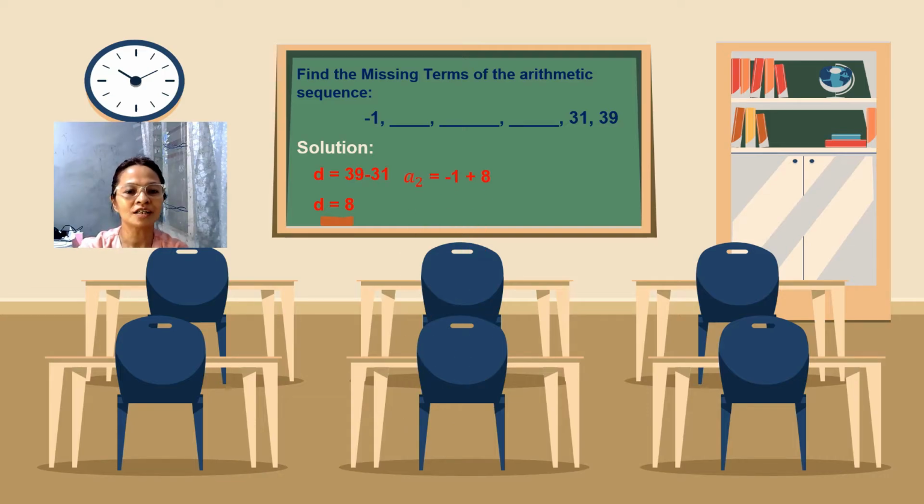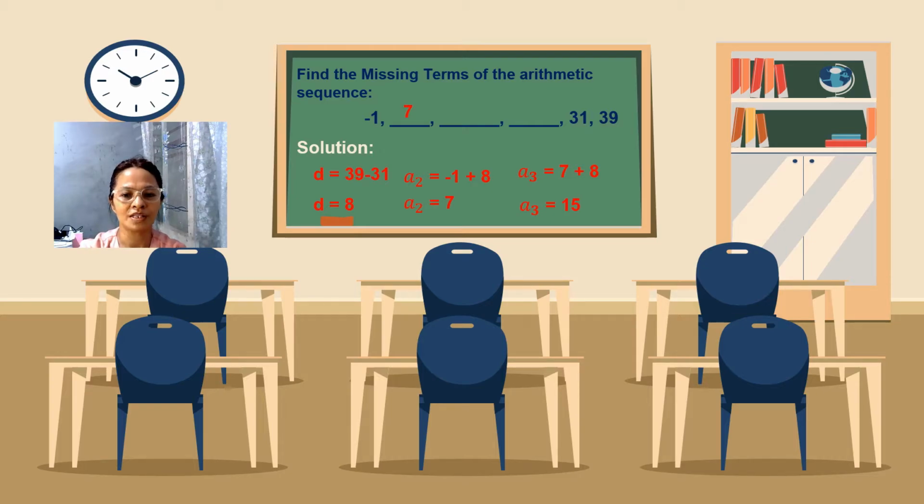To get the second term, the term after -1, where -1 is our first term: -1 plus the common difference 8 will give us 7. So the second term is 7. The third term will be 7 plus the common difference 8.